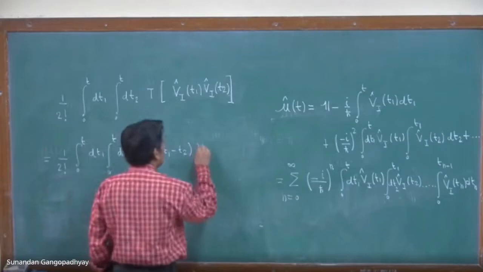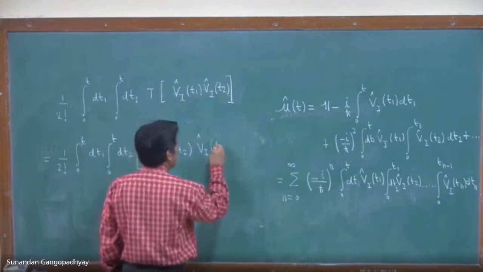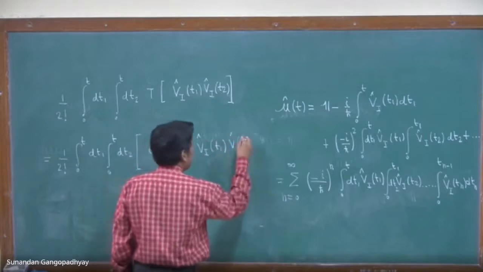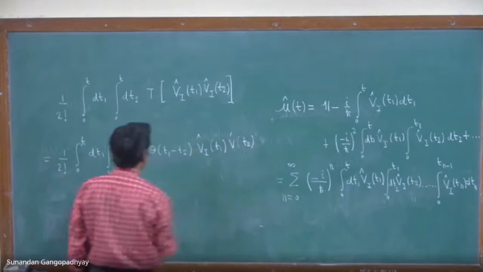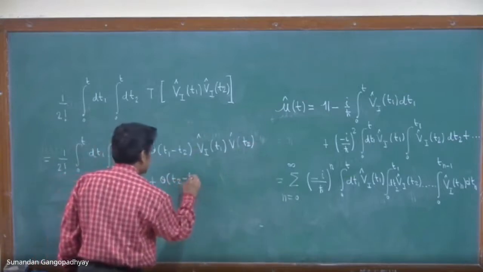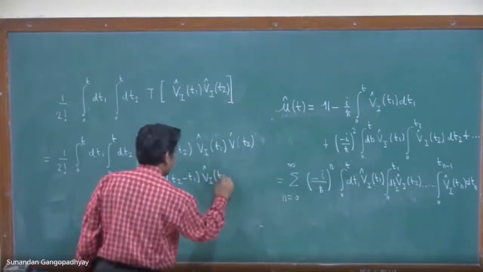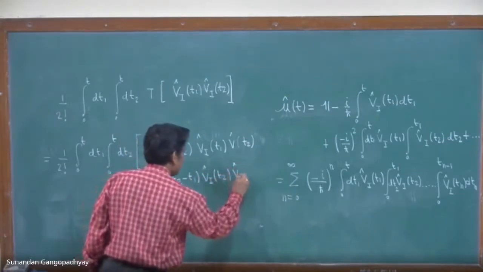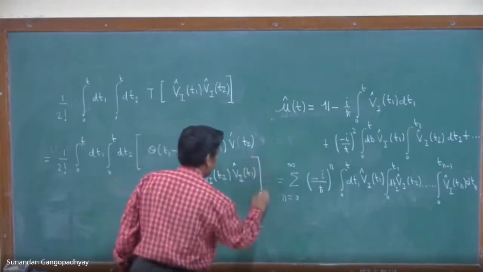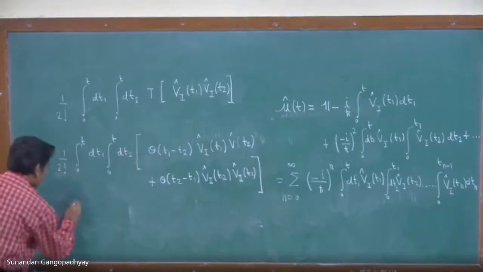So we shall have this, plus theta of t2 minus t1 times V hat I, where this theta function we define in the following way.